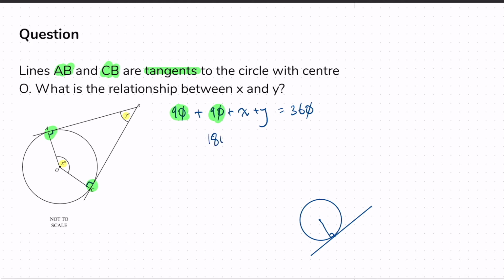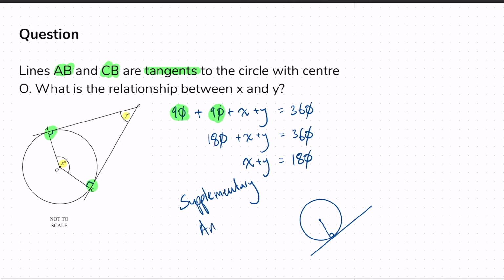So 180 plus x and y equals 360. 360 take away 180, well, half of 360, is 180. So what does this mean? Well, the relationship between x and y is that they are supplementary angles. X and y add to 180.